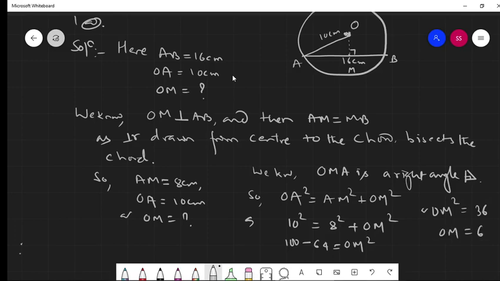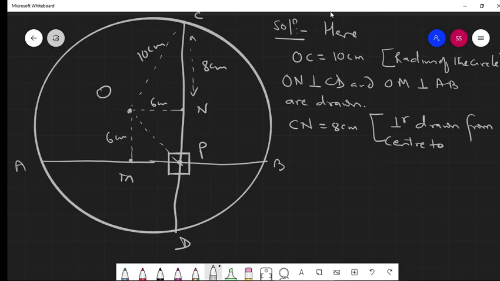Therefore, the perpendicular distance of the chord equals 6 centimeter. In this way, we can solve this question. In this figure 5a we are discussing, here I have taken OC, drawn by a dotted line.